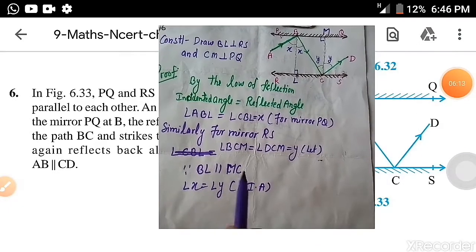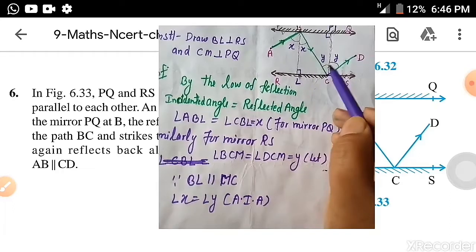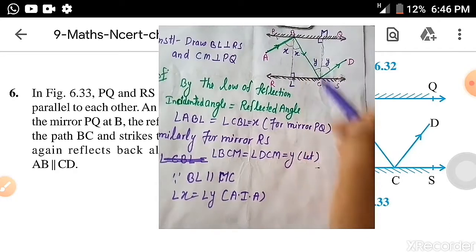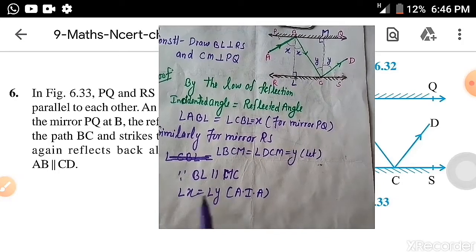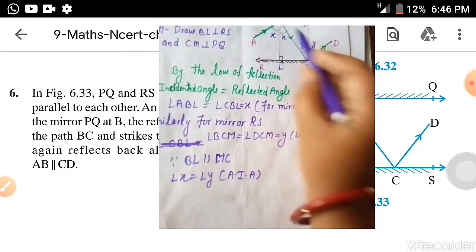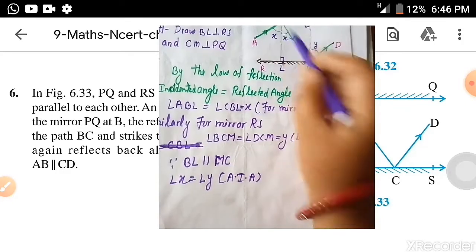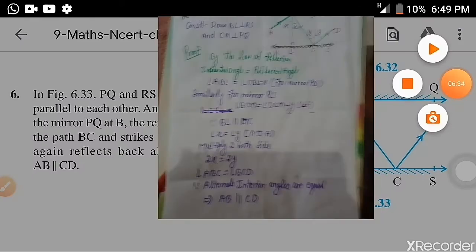So BL is parallel to CM. So you can see that angle X equal to angle Y because these are alternate interior angles. If we multiply 2 on both sides, we will get 2x equal to 2y. So this whole 2x equal to 2y. Since alternate interior angles are equal, therefore these will be parallel to each other.